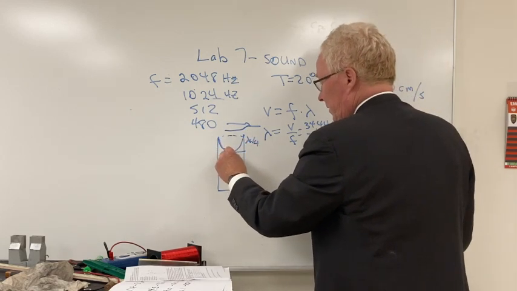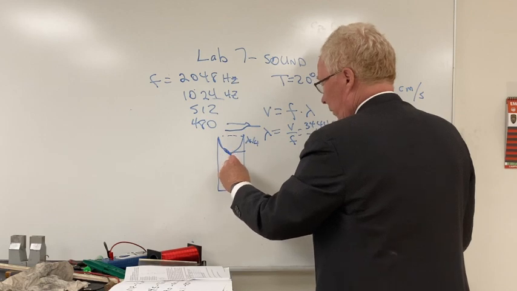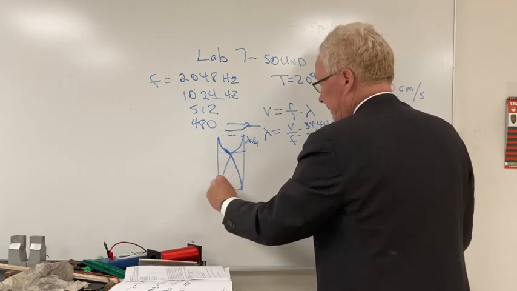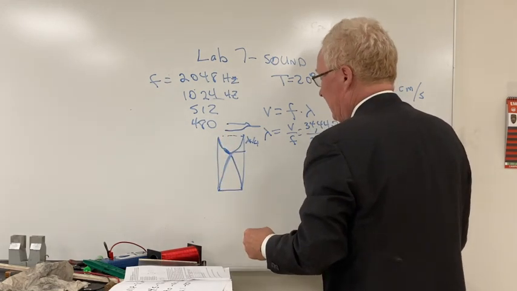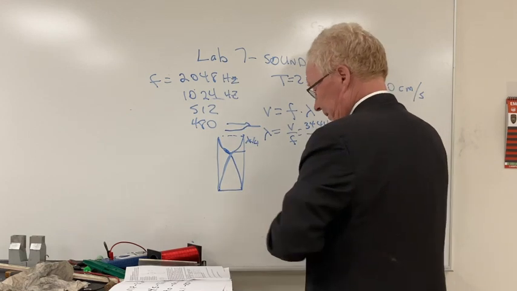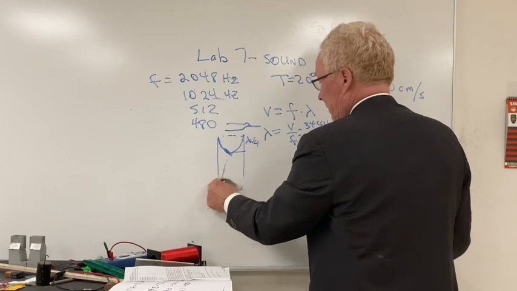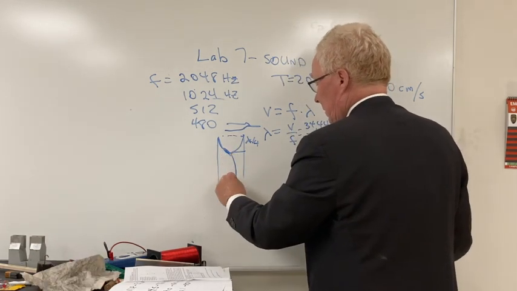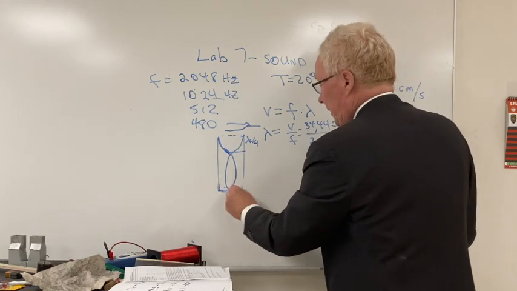So then we do the next one, of half a wavelength, which would mean we do this, okay, and this will be our second one.